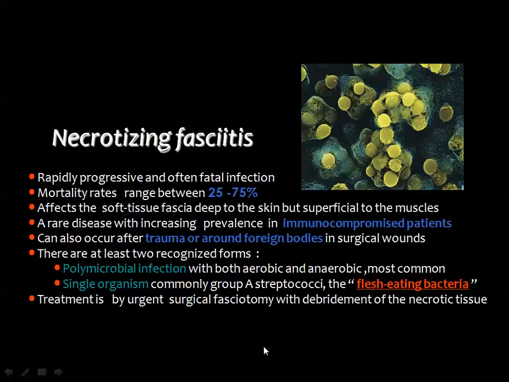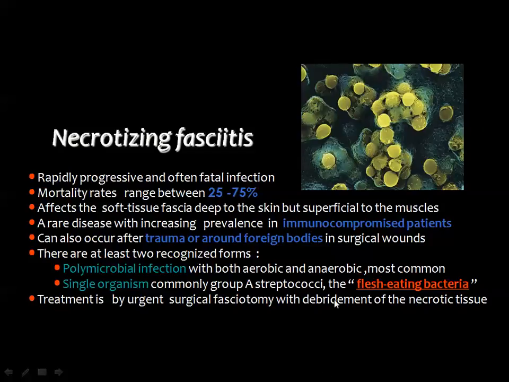This disease has, of course, a prevalence in immunocompromised patients, and it may occur after trauma or secondary to the presence of foreign bodies that may be retained during surgery, for example.